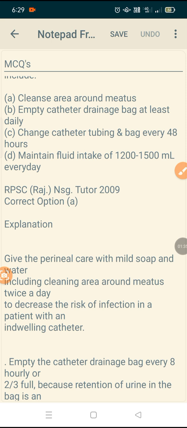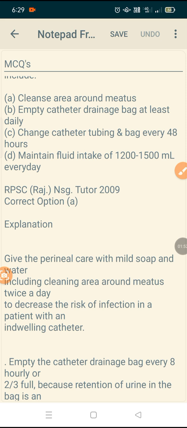So in that bundle, daily we need to change the dates, and daily we need to provide Foley's care. So how will we provide the catheter care?